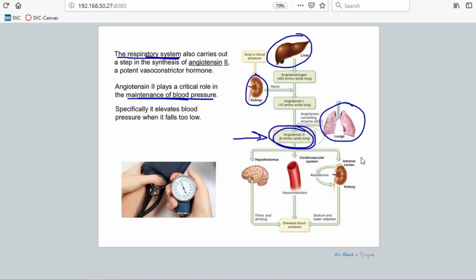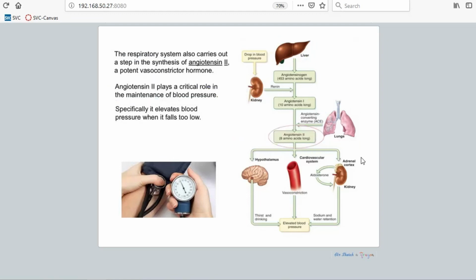And angiotensin II plays a critical role in maintaining blood pressure. In particular, what it does is it's a vasoconstrictor. It's going to cause blood vessels to vasoconstrict. And the lungs produce an enzyme called angiotensin converting enzyme that enables angiotensin I to be converted to this angiotensin II molecule.